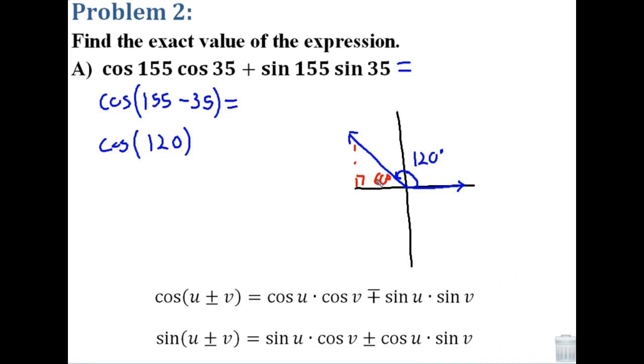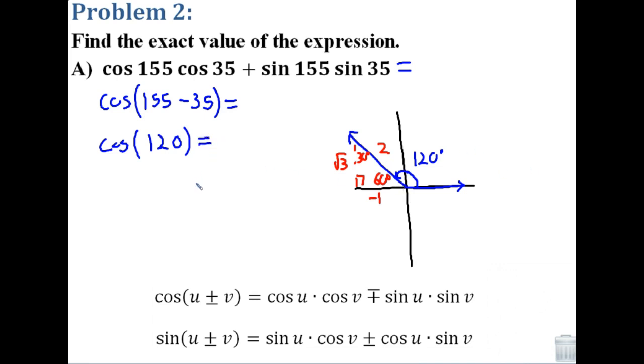So it looks like we're talking about our 30, 60, 90 right triangle with sides of root 3 across from the 60, a 1 across from the 30, which will be negative because we're in the negative x direction, and a 2 for the hypotenuse.